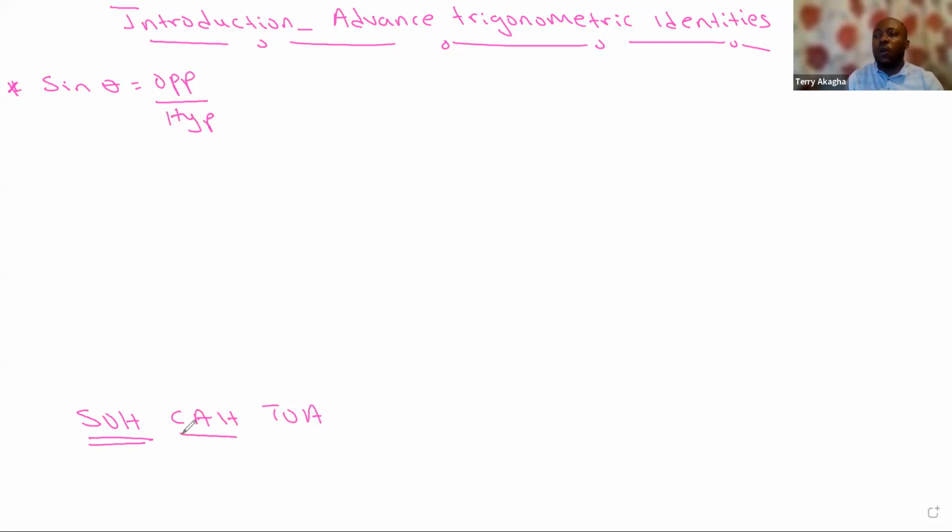I also told you that cos theta is going to be adjacent over what? Hypotenuse. I also told you tan theta is equal to opposite over what? Adjacent. Okay, opposite over adjacent.